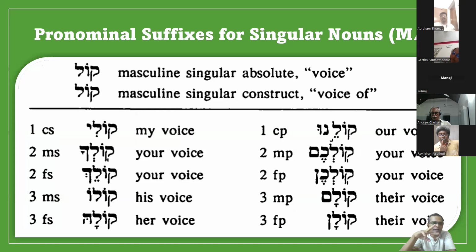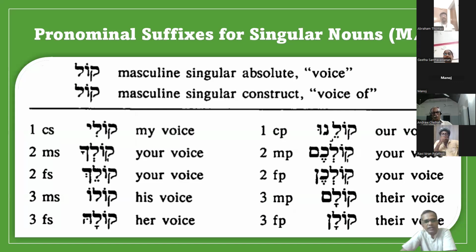Now we will understand this by looking at two or three examples in the singular nouns. Kol, a monosyllabic noun with an unchangeably long vowel, is the same both in the construct and in the absolute state. So you can see here, in the construct state as well as in the absolute state, it is kol only, without any vowel change. Here it is 'voice of'.